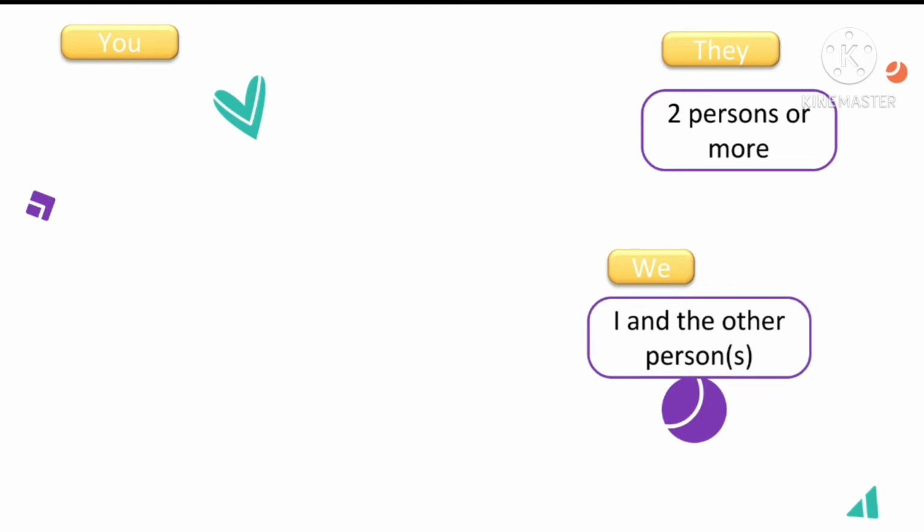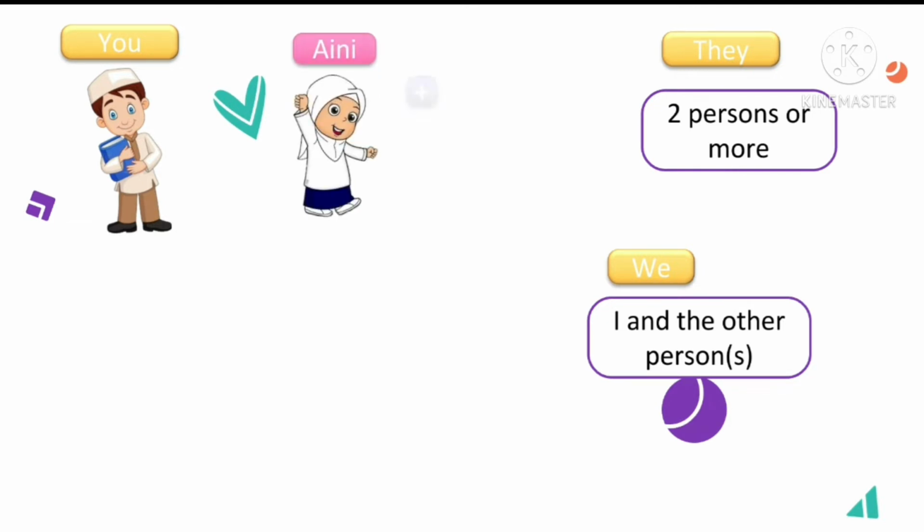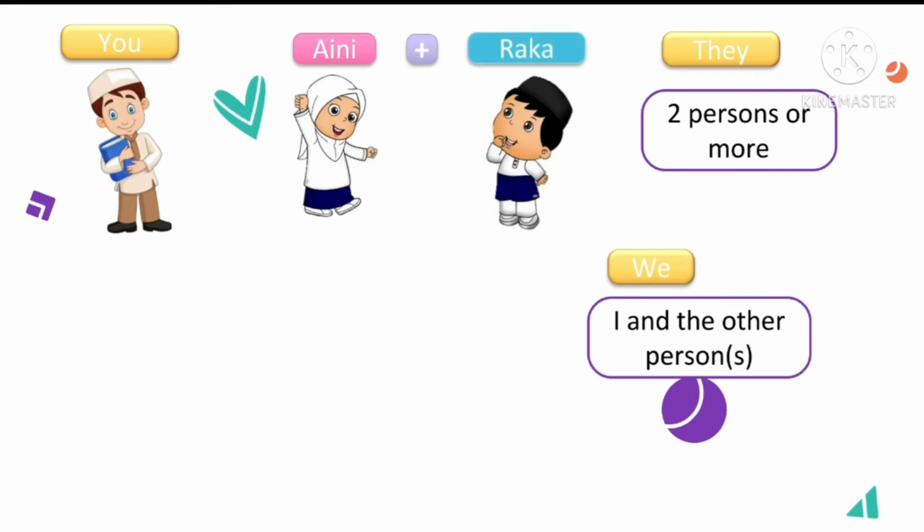So, you is, yes, you, your partner in talking. Meanwhile, Aini, this one here, plus Raka, here, equals they. So, if you want to say Aini and Raka together, you have to refer to them as they. Okay?